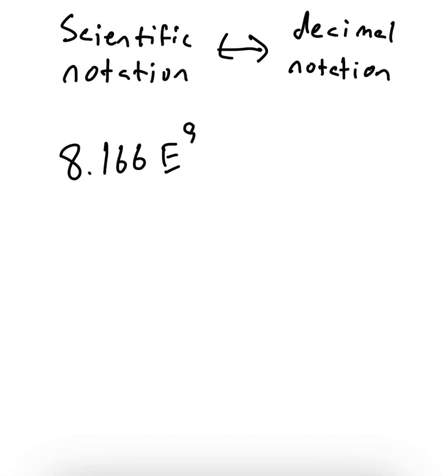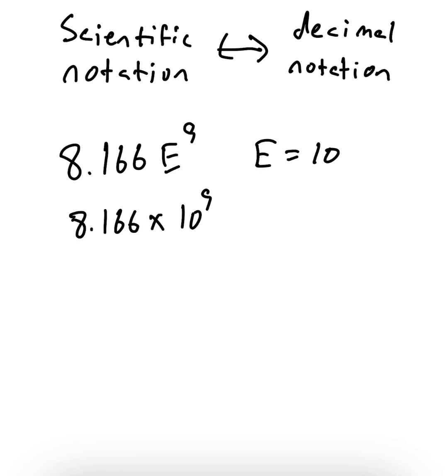Now we have 8.166 e raised to the power of 9. So in calculator language, e equals 10. So we can rewrite this as 8.166 times 10 raised to the power of 9.